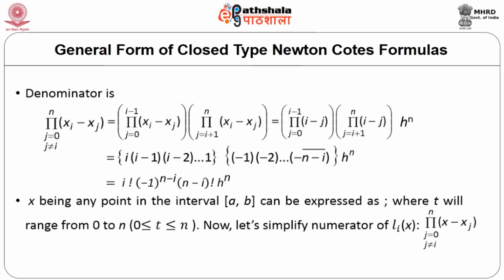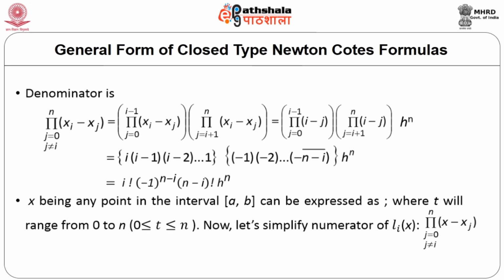And in all these terms, h of course is common. So we get the result. i into (i minus 1) up to 1 gives me i factorial. And here in minus 1, minus 2, up to minus (n minus i), there are n minus i terms. Taking minus 1 common from each of the terms, we get minus 1 raised to n minus i, and then the factors are 1 into 2 into 3 up to n minus i. So that is (n minus i) factorial.